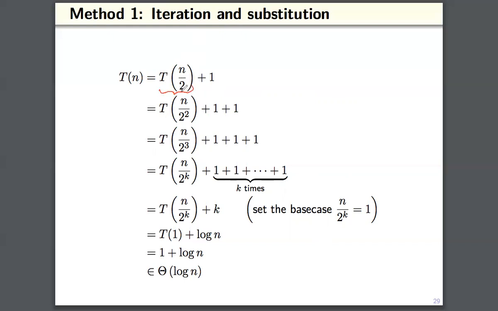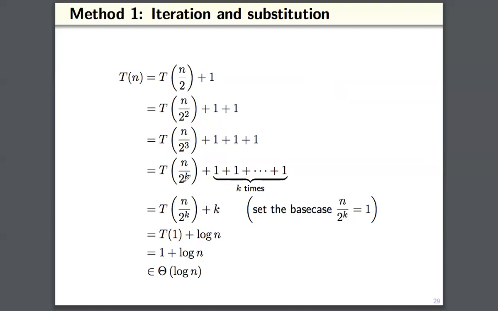T of n by 2 is T of n by 2 divided by 2, plus 1. But n by 2 divided by 2 is n by 2 squared, plus 1. So now again substitute the value of T of n by 2 squared. It is T of n by 2 cube plus 1.